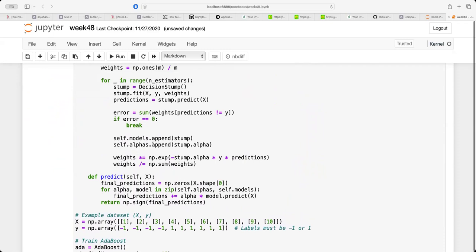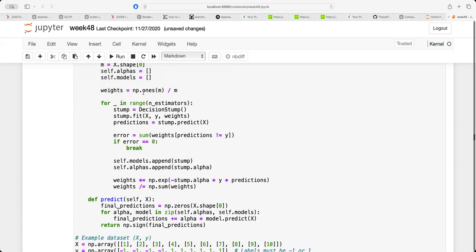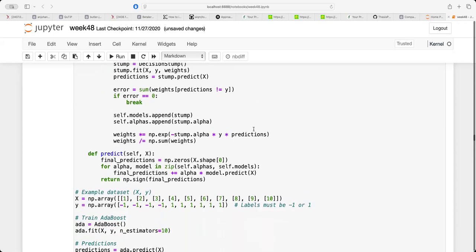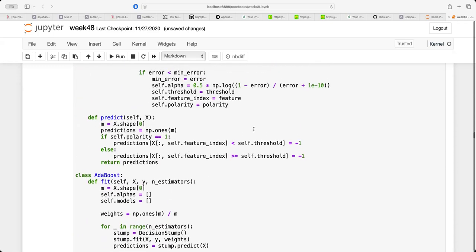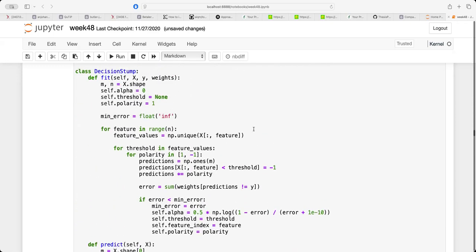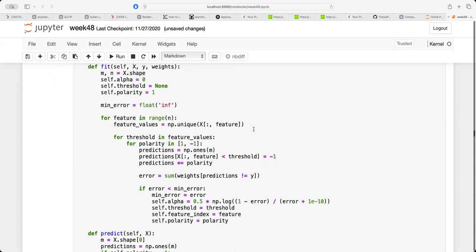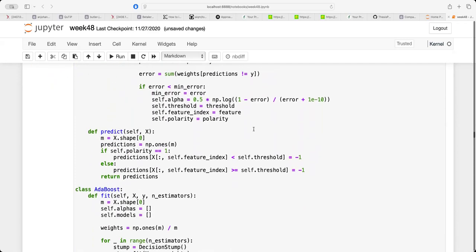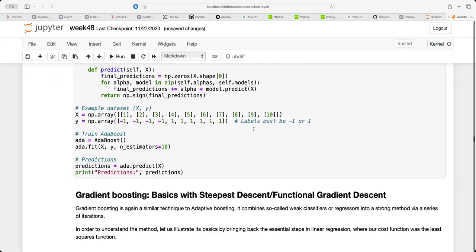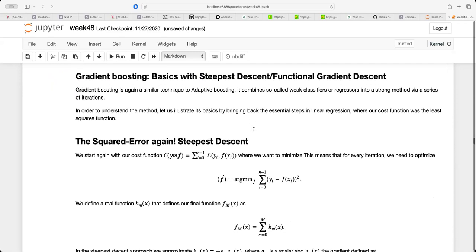So you see the alphas, these parameters which we needed to define, and then it calculates the new weights and normalizes the weights, which is done here. You can see that one. And then it simply finds the different parameters, and it uses a shallow decision tree as the basic trainer here.